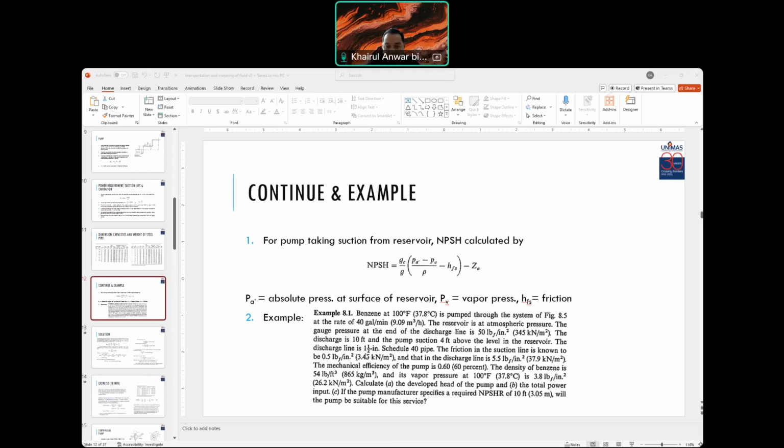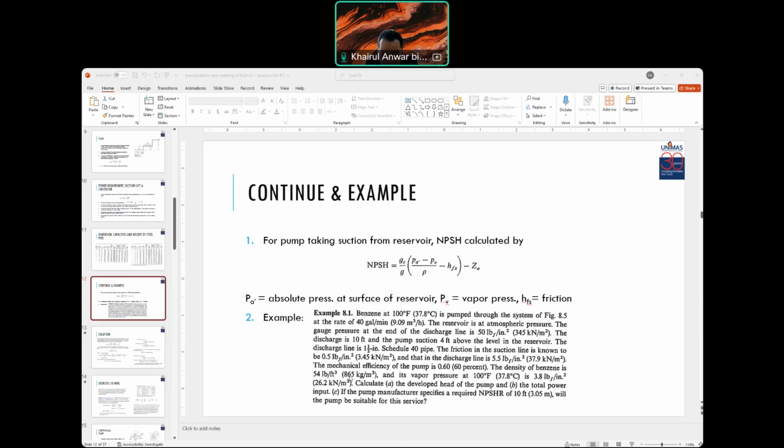The discharge line is 1.5 inch schedule 40 pipe. The friction in the suction line is known to be 0.5 pound force per inch square, and that in the discharge line is 12.5 pound force per inch square. The mechanical efficiency of the pump is 0.6, or 60%.